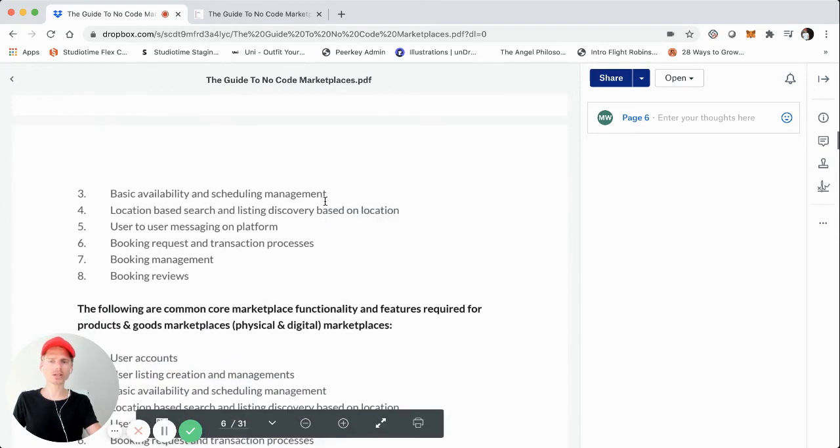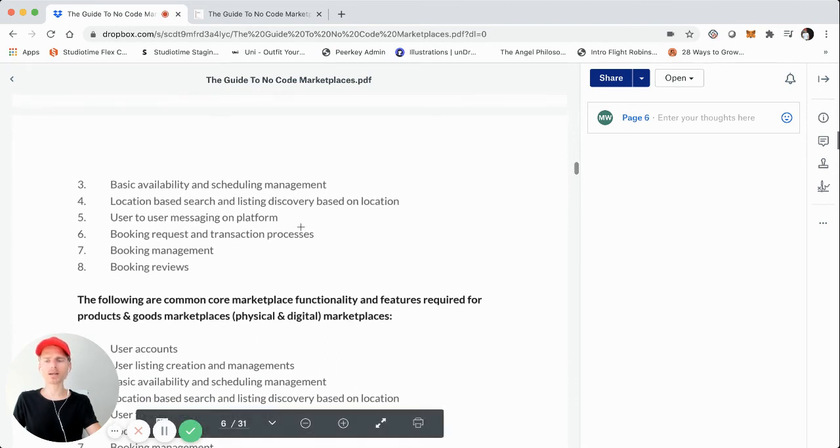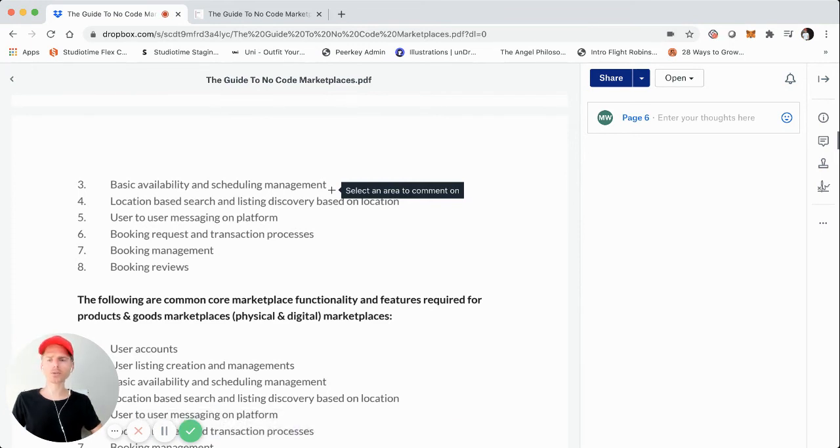User to user messaging, if this is peer to peer, once again, booking request and transaction process. Now, through the booking request and transaction process, some key differentiations here are that if it is an online delivery, there isn't an offline experience. It's completely online. So the actual transaction process and even the fulfillment of that is going to be completely online.